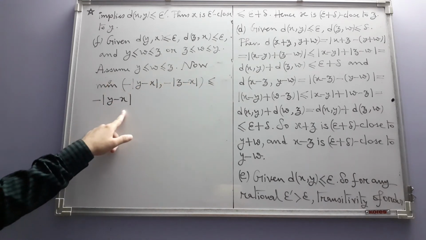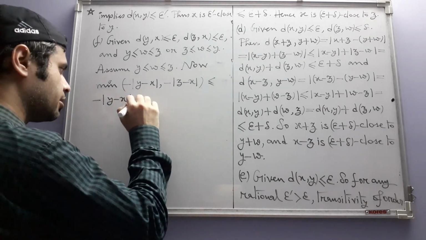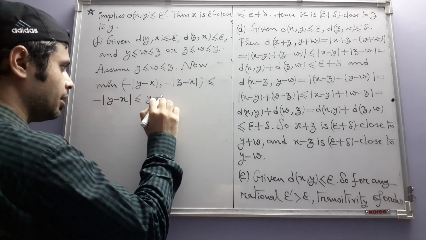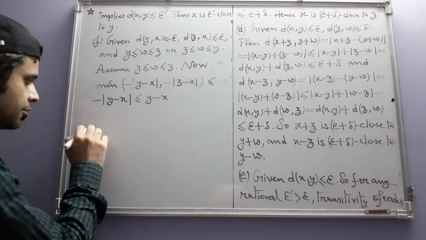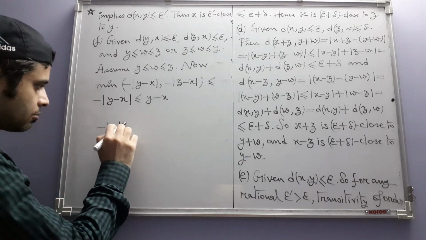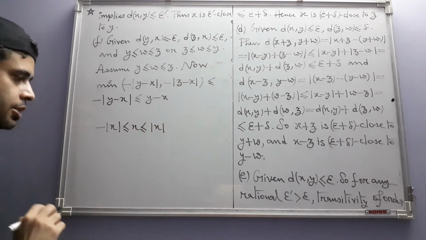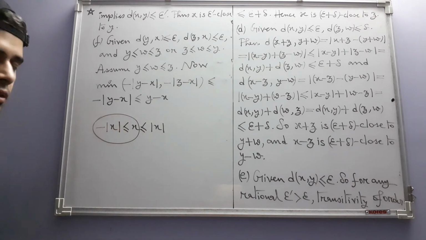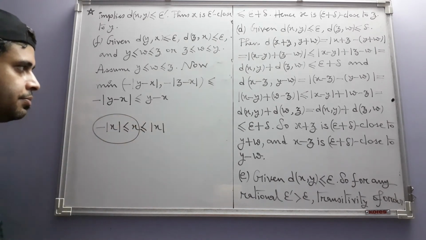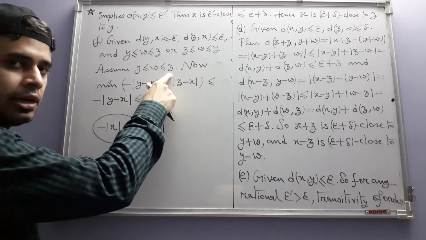We are considering this one, okay, and this is less than or equal to y minus x. Where is this inequality coming from? It's coming from Proposition 433 part C. There we proved this. So we are using this part of the inequalities here.